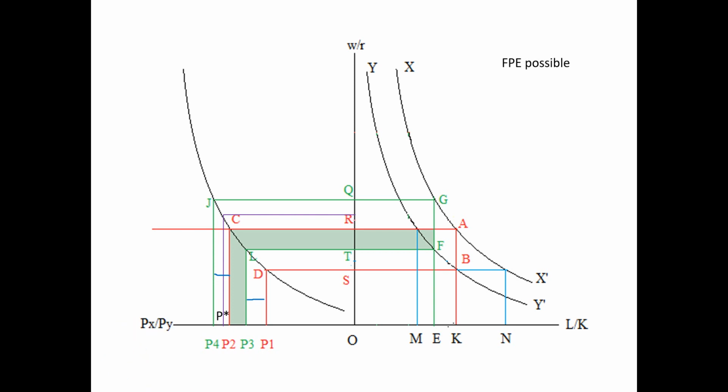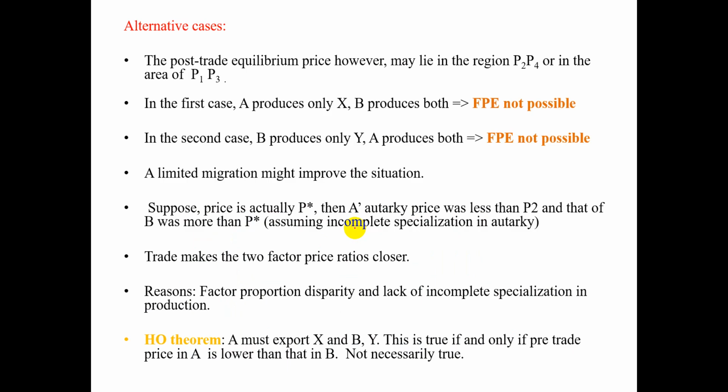So that is why if the post-trade price lies here in this P4, P2 zone, then country B will be producing both the commodities because it is lying in its permissible zone, whereas country A will be producing only X. So in this case, there is no incomplete specialization in the free trade situation. So factor price equalization theorem will not be possible.